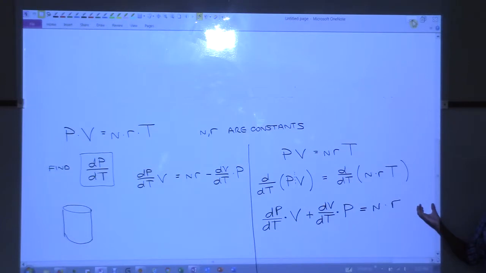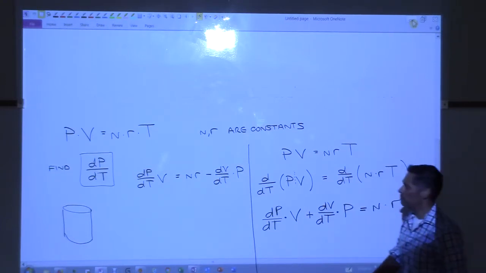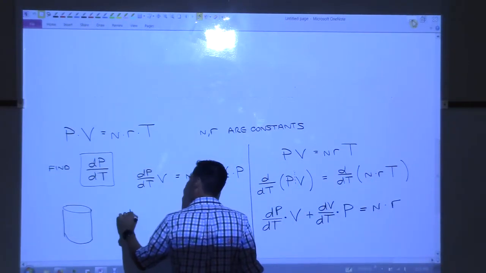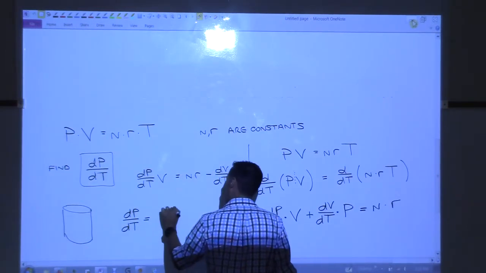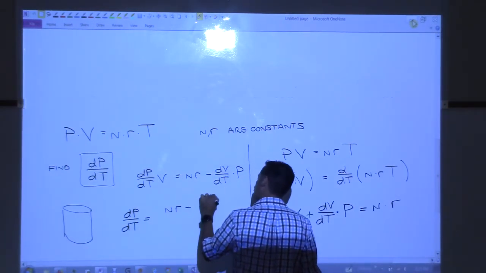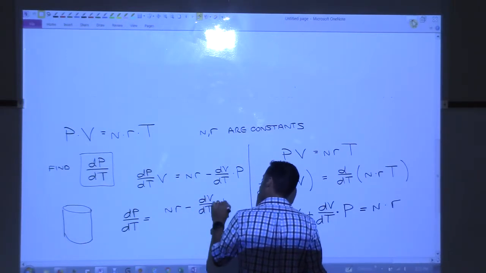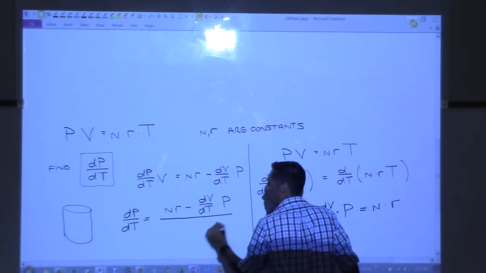Last step, divide everything by V. dP/dT equals nR minus dV/dT times P, all of it over V.